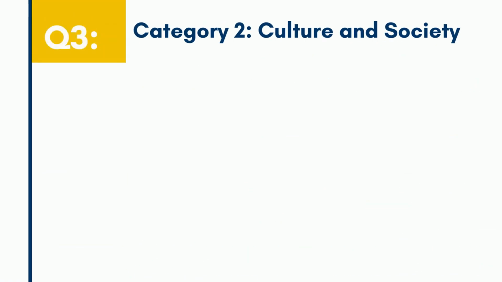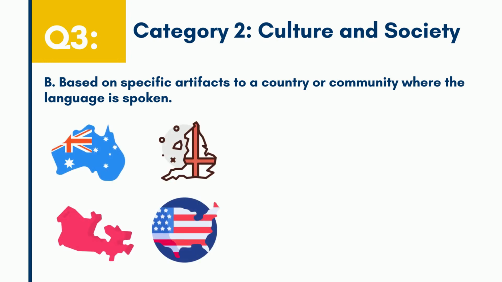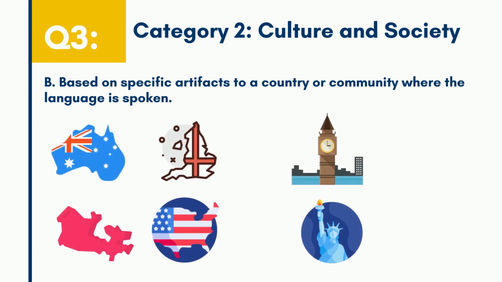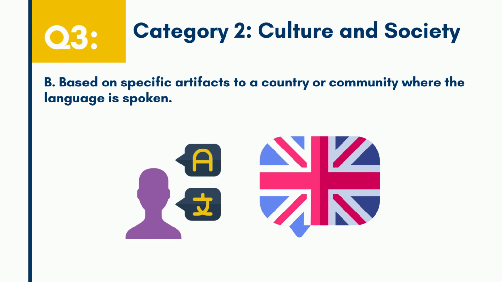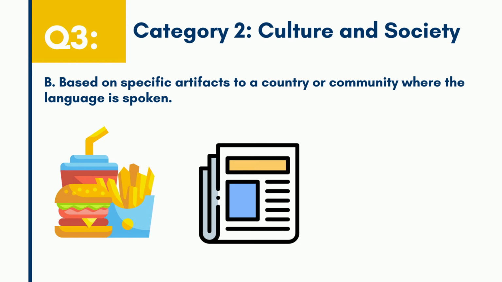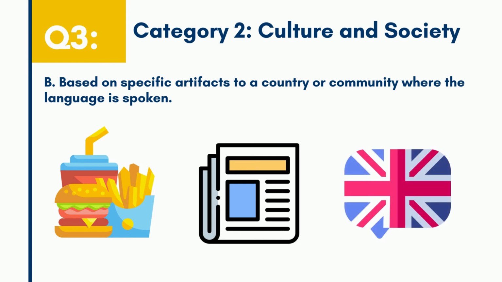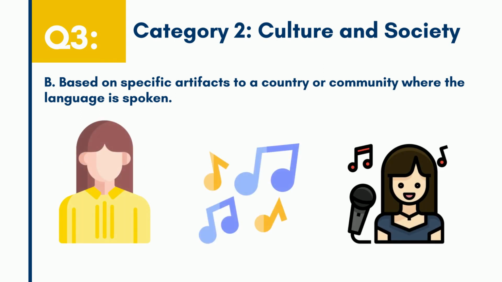The second section of Category 2 is based on artifacts, which is more general in its cultural nature. However, it needs to be specific to a country or community where the language is spoken. So when using topics like bilingualism or language acquisition, this would be too broad. Therefore, it needs to be based on specific cultural artifacts. For example, you could research the representation of the fast food industry in advertisements in British media, or expressing femininity in songs from a particular group or artist.